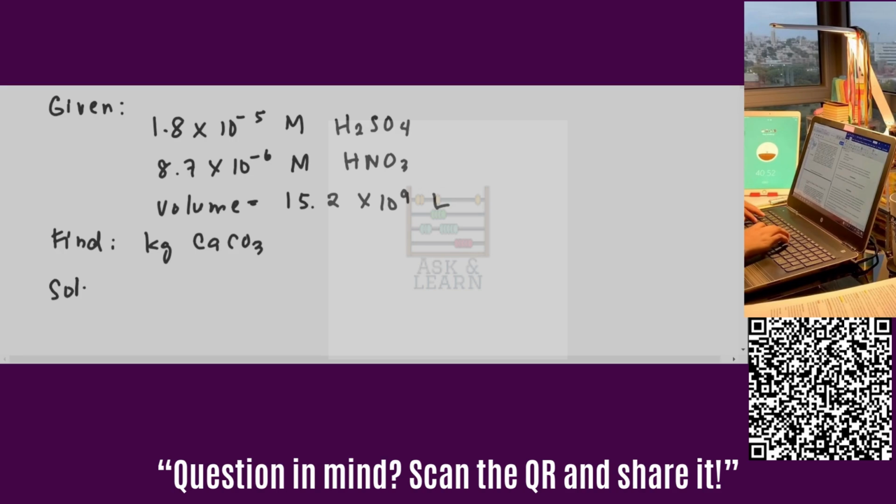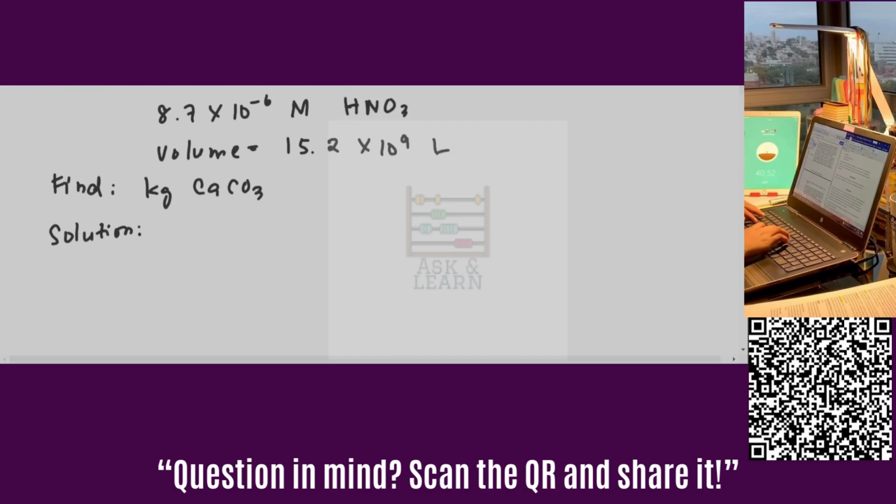So we start by computing the amount in moles of sulfuric acid and nitric acid by multiplying their concentration by the given volume in liters.